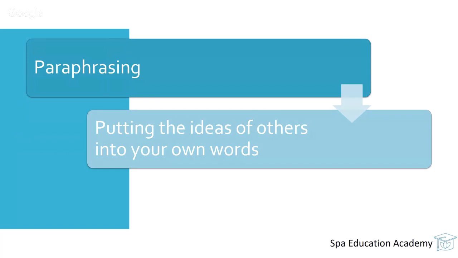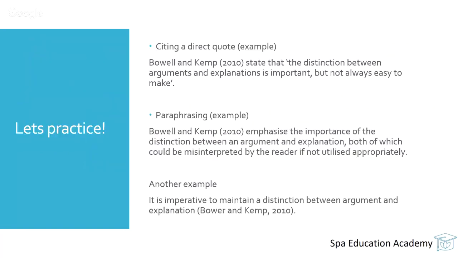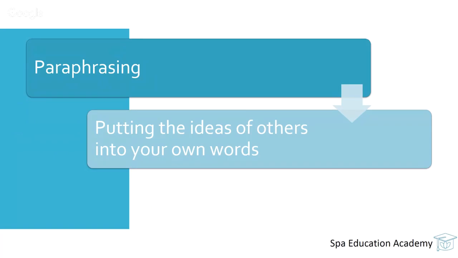You still put the idea of the person into your work, but you can change the words around slightly, as long as you're not changing what they were trying to say, but you can change the way that it fits into your sentence. By paraphrasing, your work is going to flow better. It means that the reference that you're citing in your work is going to make more sense.